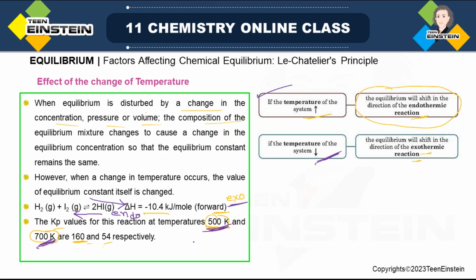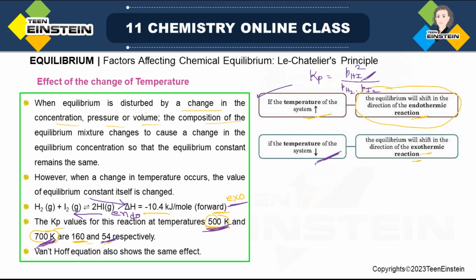So when you move from 700 to 500, the Kp value changes from 54 to 160. That means more HI will be produced, because in the expression for Kp, it is the partial pressure of HI squared, because of the stoichiometric coefficient, divided by the partial pressure of H2 multiplied by the partial pressure of I2. So the Kp value is increased, meaning more HI will be produced, right?